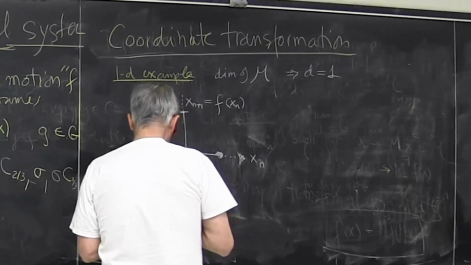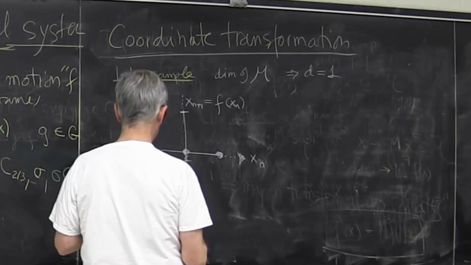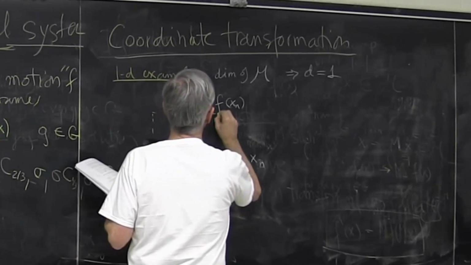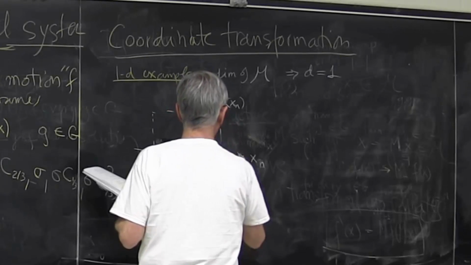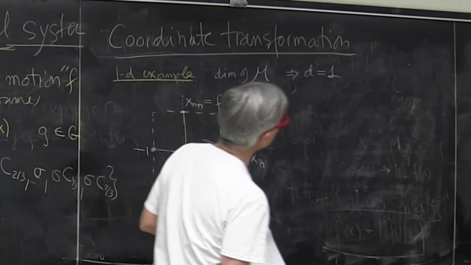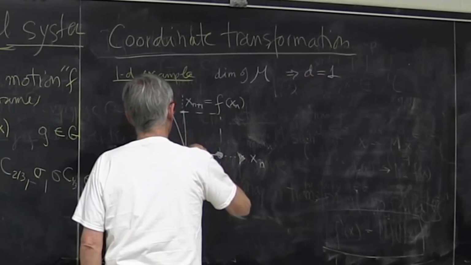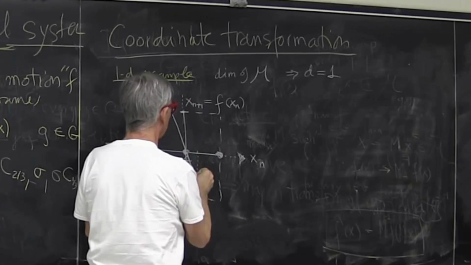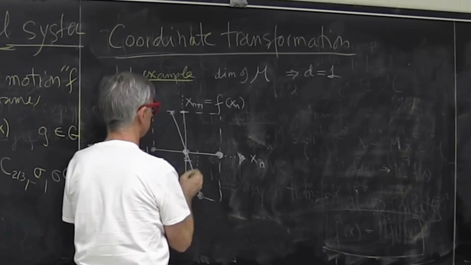And here is the map that we'll use. I can think of this square where the horizontal position is where I am now and the vertical position is where I'm 1 unit of time later. For example, I can decide that if I'm here, 1 unit of time later I'll be there.